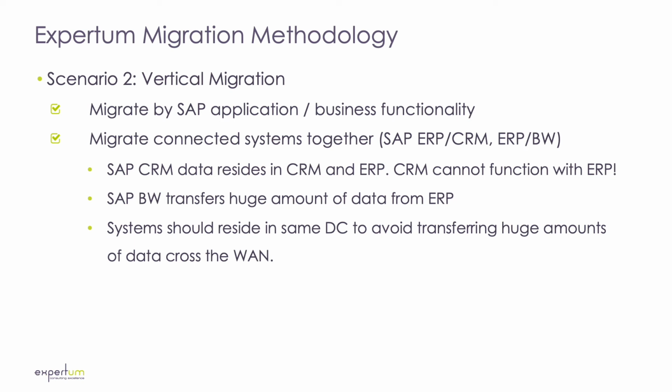The reasoning is quite simple: either every system is migrated, or no system is migrated. So if the migration of one of these systems fails, we will fall back to the original data center for all the systems, just to make sure that we avoid one system being in one data center and the other system in another data center.